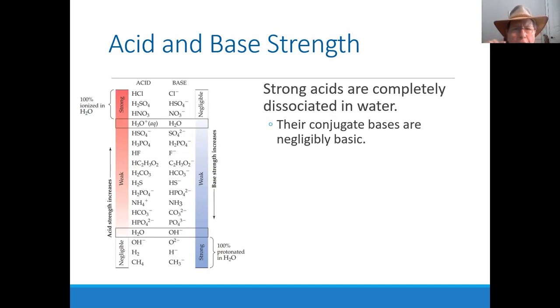H2SO4 plus water goes completely to make HSO4 minus plus H3O plus, 100%. What that means is the conjugate base of a strong acid is so weak it cannot grab a hydrogen off of a hydronium ion. So the reaction goes in the forward direction. It does not go in the reverse.